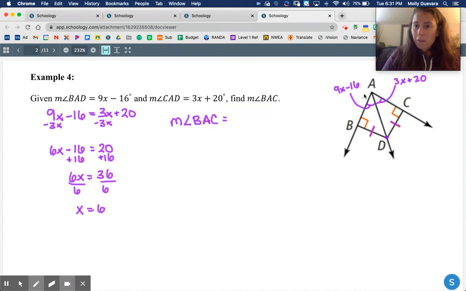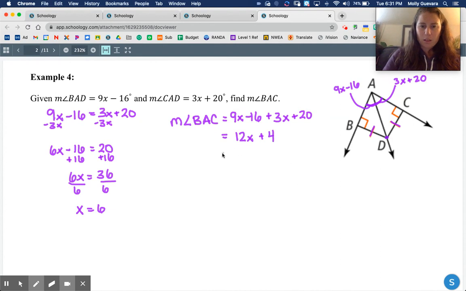So the whole thing. Well, the measure of angle BAC is my 9x minus 16, so this guy right here, plus my 3x plus 20, which is this guy right here, right? It's these two angles added together. So if I simplify this, 9x plus 3x is 12x. Negative 16 plus 20 is positive 4. And I know what x is.